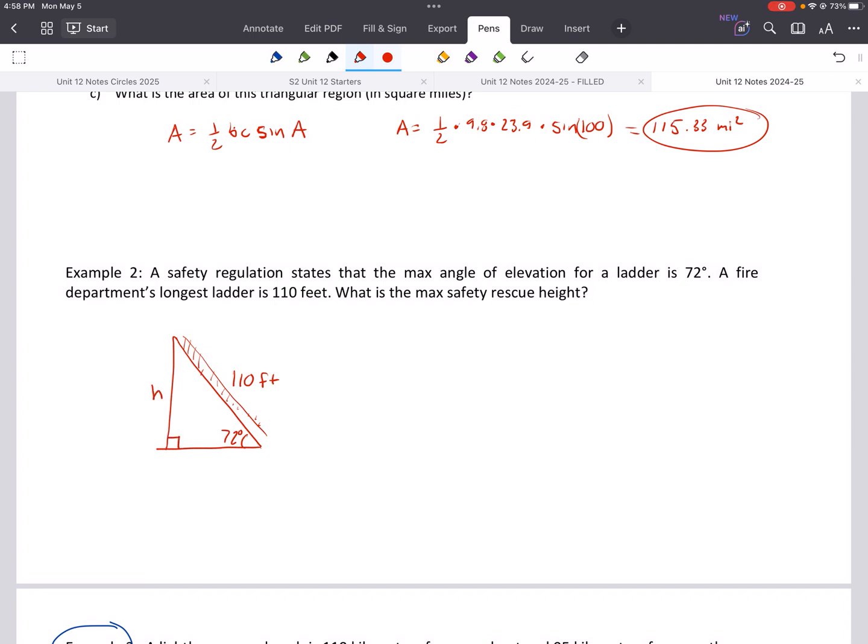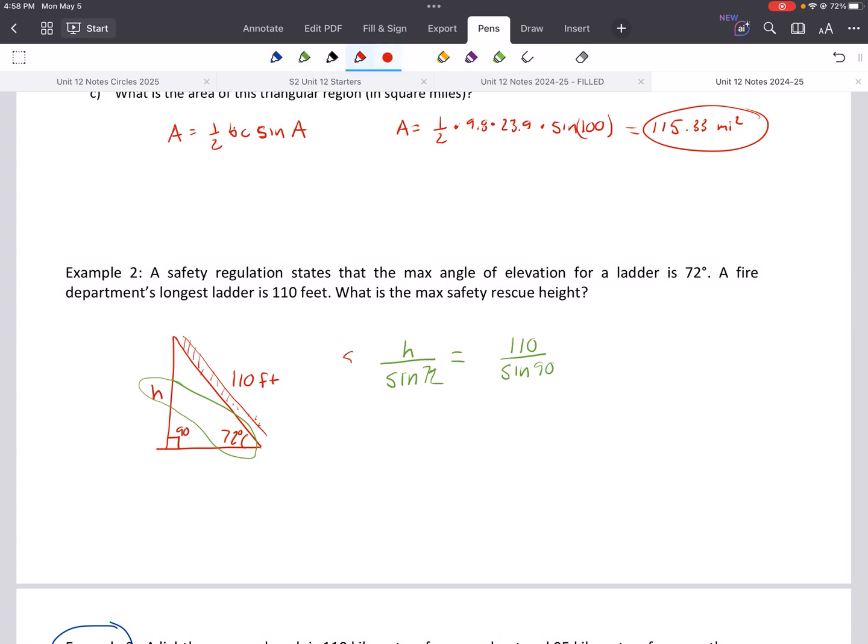We can assume that this would be a right triangle because height is always vertical. Okay, so here we could just use SOHCAHTOA, but we might as well do an example where we do the law of sines. So this is 90, and we want to first find the side that we're trying to solve for. So we'd have h over our angle, so sine of 72 is equal to, and then we do the same ratio. We do the side on top over the angle.